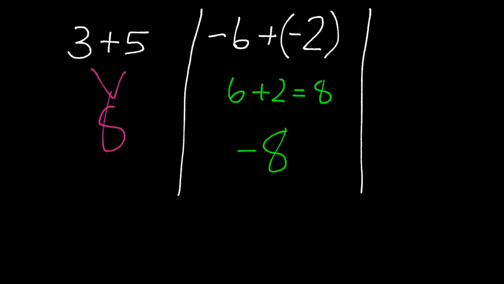If they have different signs, let's say we have negative 3 plus 5, well, there's an easy way to do this too. I'm going to give myself some new space here. So I got negative 3 plus 5.